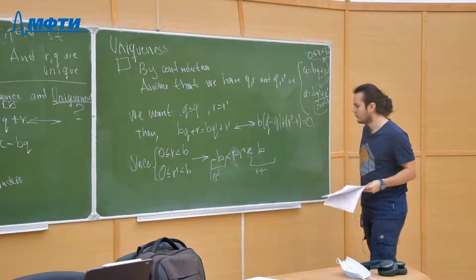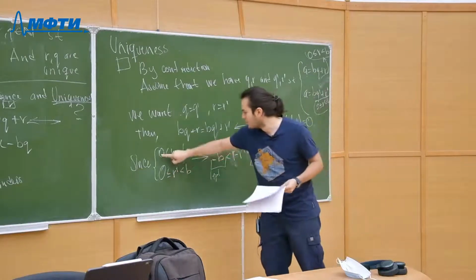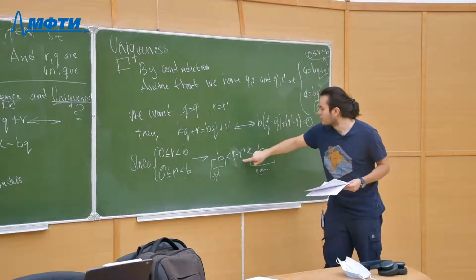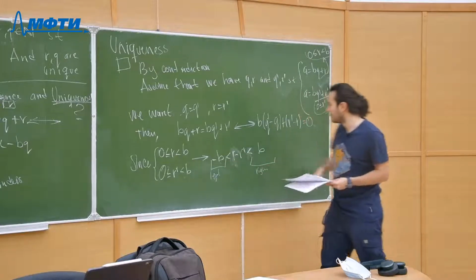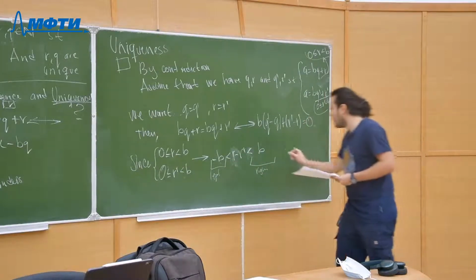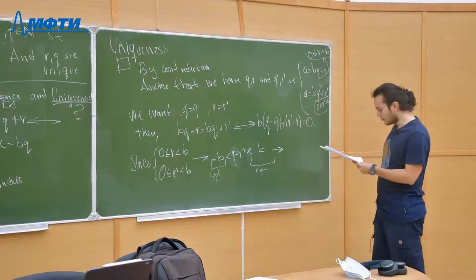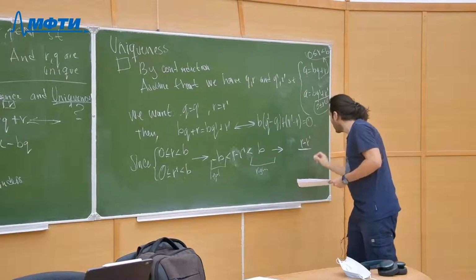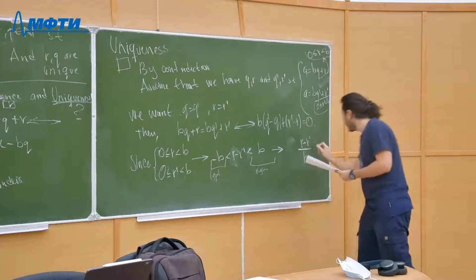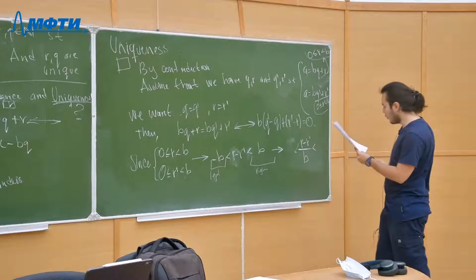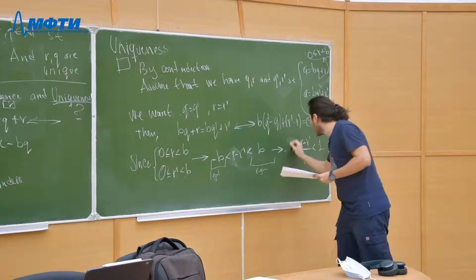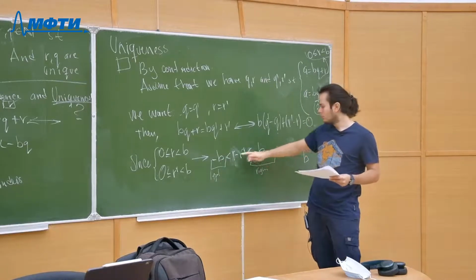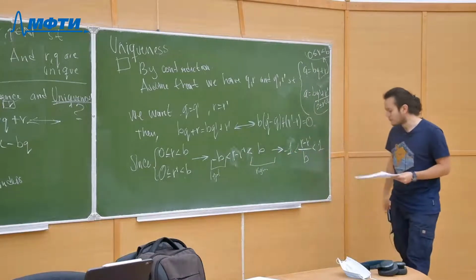So we have that the difference r minus r prime is between minus b and b. And it means that r minus r prime over b is between 1 and minus 1, right? We just divide everything by b. So we obtain this, okay?